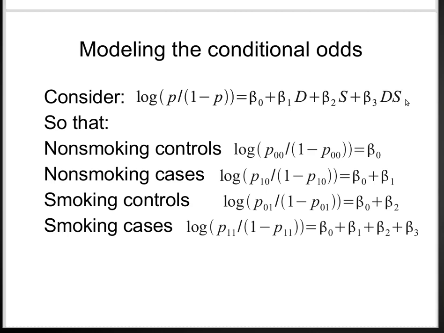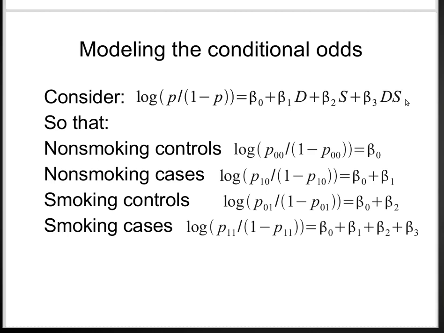But it isn't. Have a look now if we specialize that equation to the case when we have controls that are non-smokers. That means that D is 0 and S is 0. And the only regression coefficient that survives is beta naught.